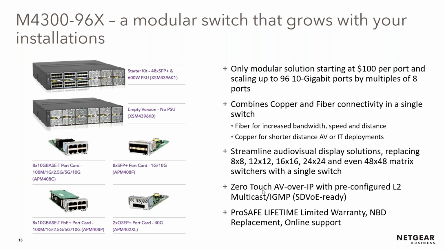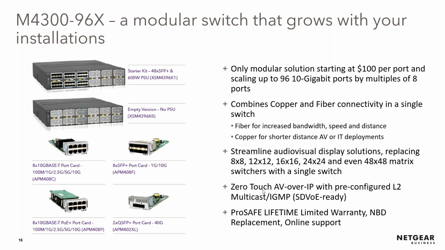On the top there, there's also what we call a bundle, and we have a number of those where we actually populate the chassis a little bit for you, so we can provide a better price on that. And then there's a number of different power supplies depending on your PoE budget.